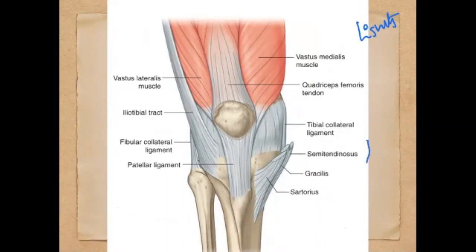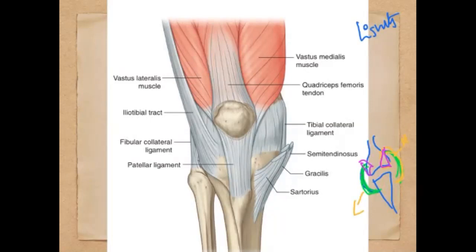If this is the knee joint, there are ligaments called the collateral ligaments. Two collateral ligaments, medial and lateral, and there are retinacula, medial and lateral.